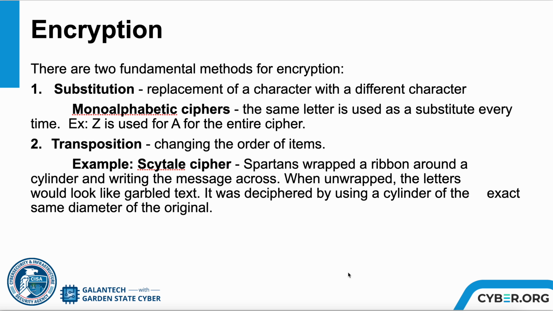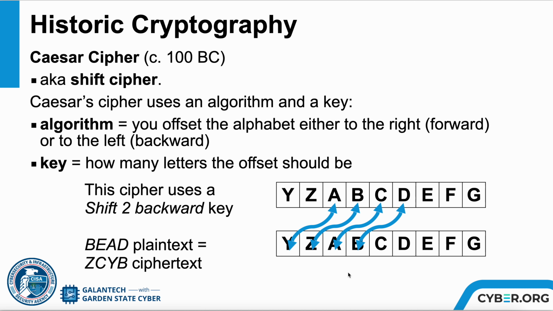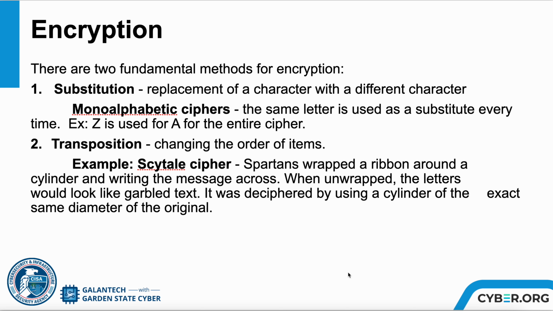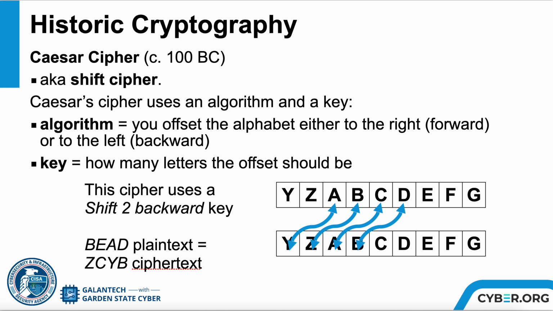So we have substitution and transposition. Substitution is changing from one letter to a different letter, and we're going to look at that in a second. Transposition is changing the order of items. Let's look at the Caesar cipher. This is an example of substitution.